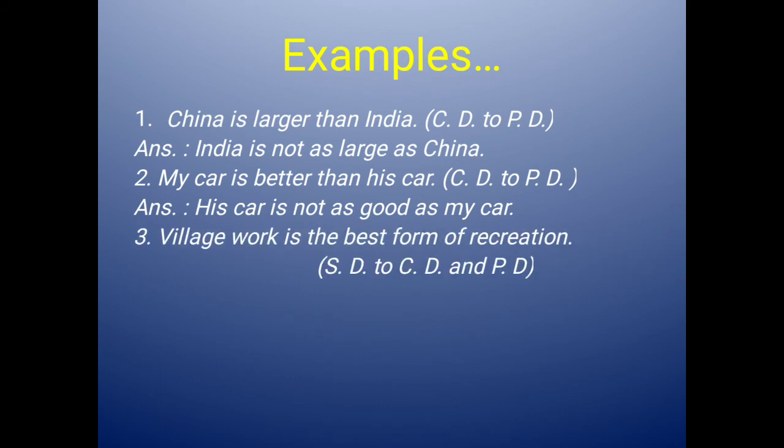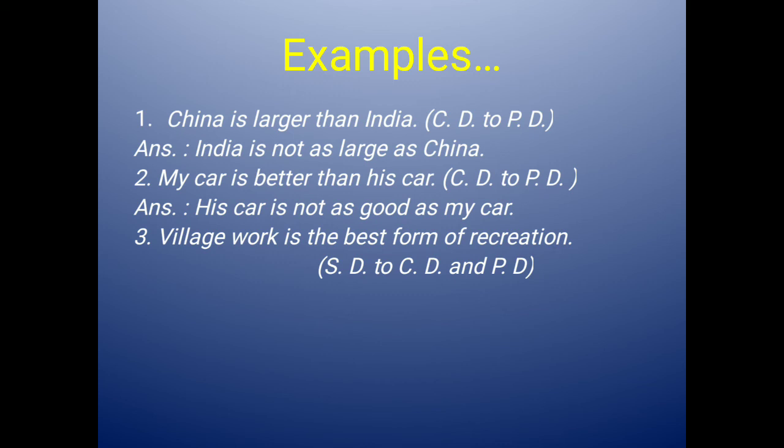The third example which I have chosen here is as per the examination pattern. In the examination, you will be asked this type of question. So the example is: village work is the best form of recreation. So this is the sentence in which we have THE, the, or you can say thee if the next word starts with a vowel sound, right?